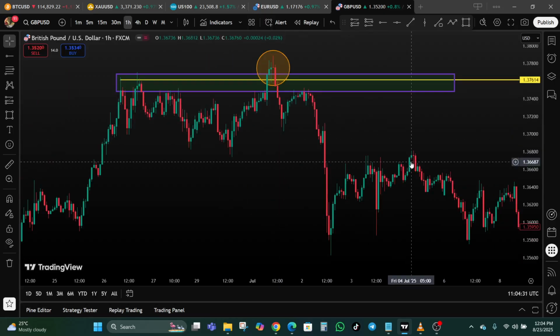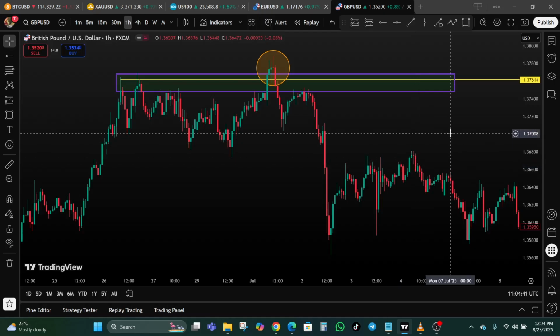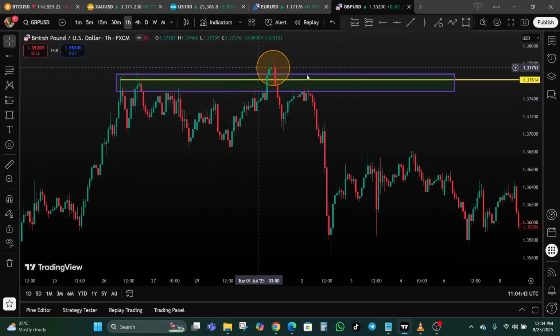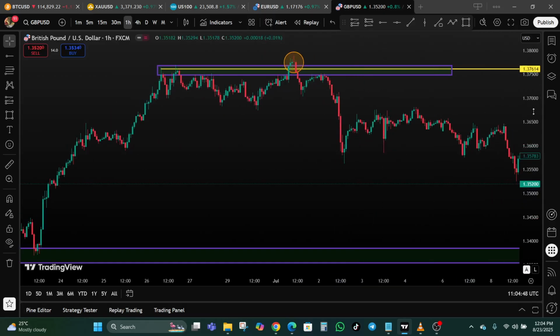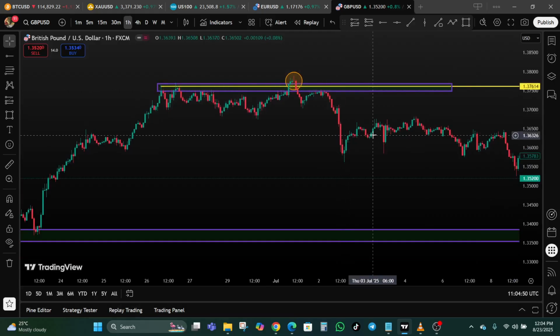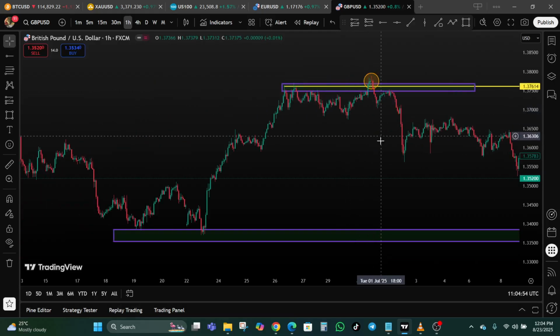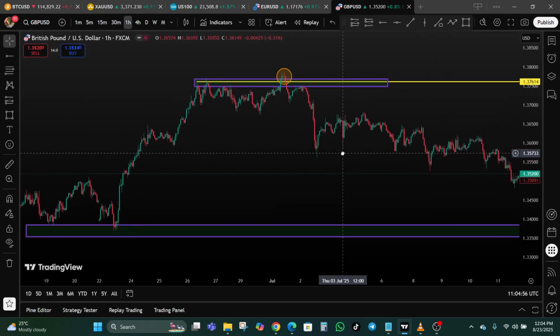But waiting for confirmation is what separates disciplined traders from impulsive ones. Thirdly, always mark multiple liquidity zones. The market can target one level, reverse, and then target another, so keep a broader perspective, right?